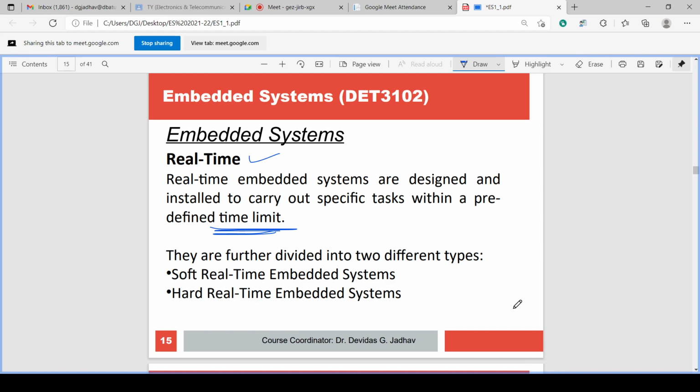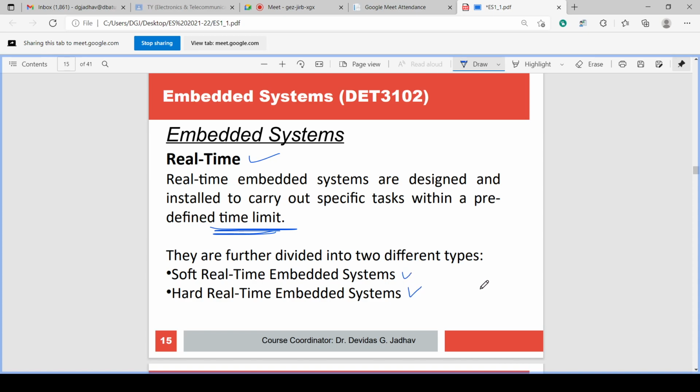Why two different types? Because one accommodates some delays, allowing some delays and still working further; that is the soft real-time embedded system. But the hard real-time embedded system will not allow delays at all.